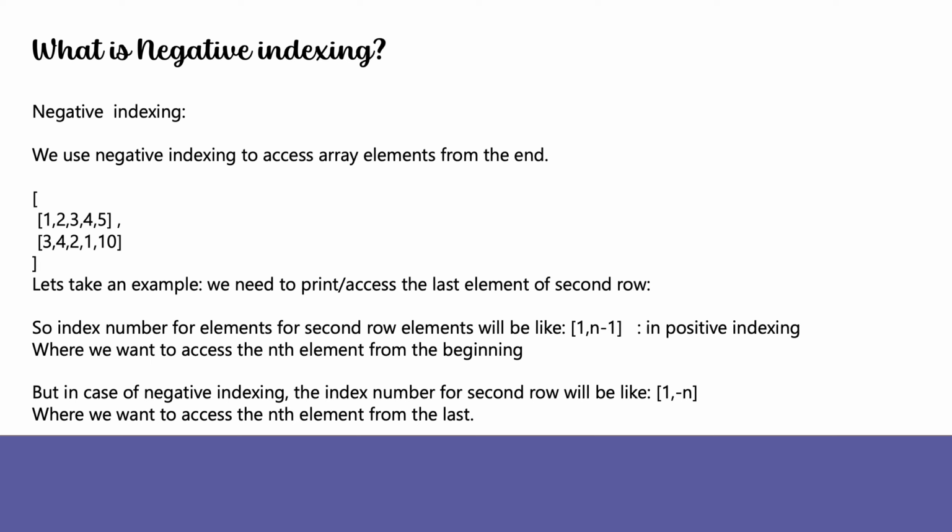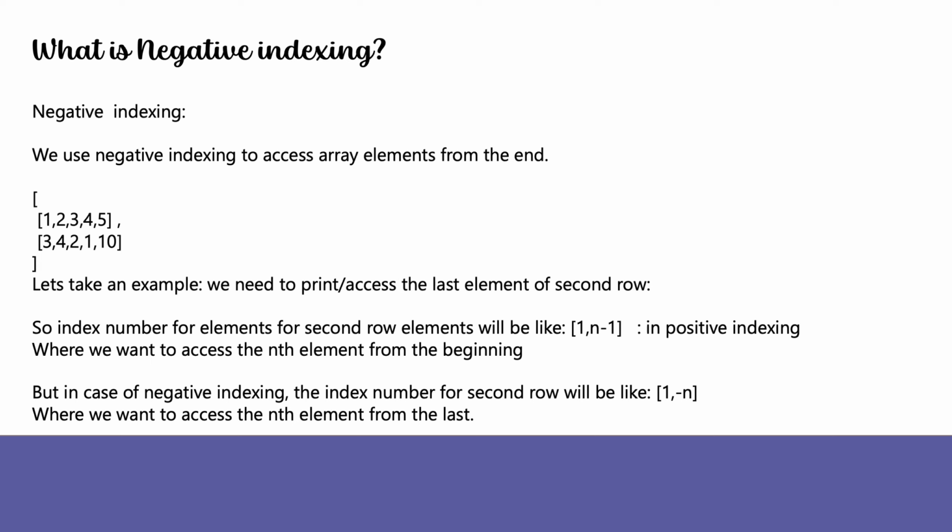So, the index number for elements of the second row will be like 1, comma n minus 1 when we are using positive indexing and where we want to access the nth element from the beginning. But in case of negative indexing, the index number for the second row will be like 1 comma minus n where we want to access the nth element from the last.